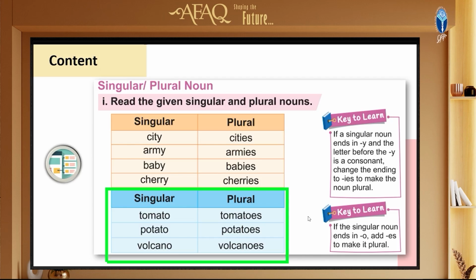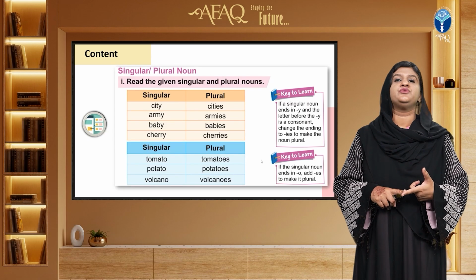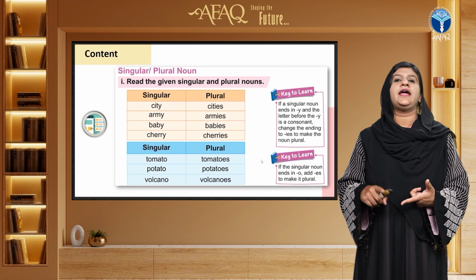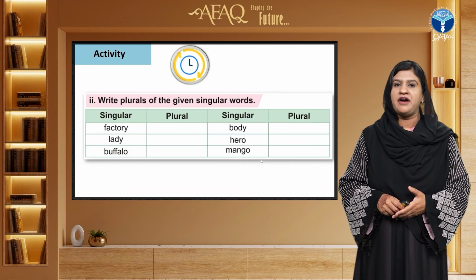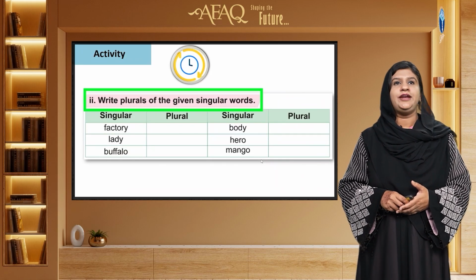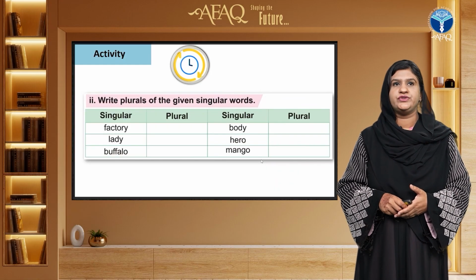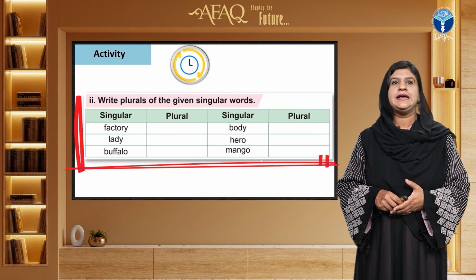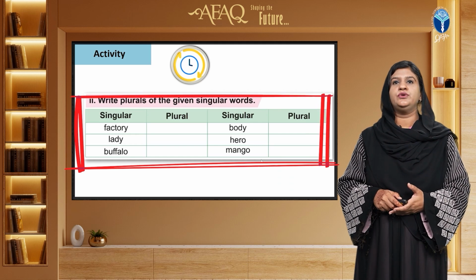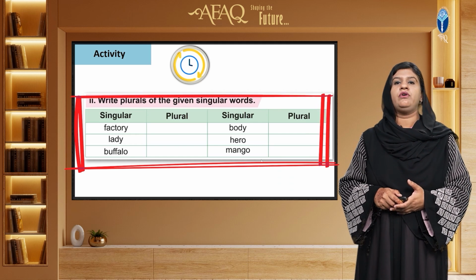Volcano, volcanoes. Here we have seen two different types of nouns that end in Y and that end in O. Here you have some activity. Write plurals of given singular words. Read the words and write their plurals. Factory, lady, buffalo, body, hero and mango.